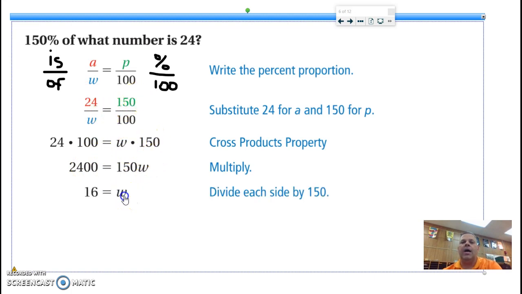I will then divide by 150, and my answer is W equals 16. So 150% of 16 is 24. Hopefully this makes sense to you because the 150 is larger than the 100, so our 24 needs to be larger than the whole of 16.